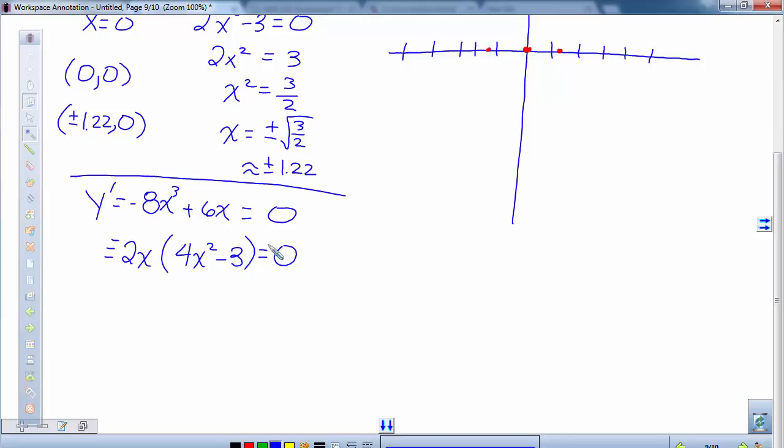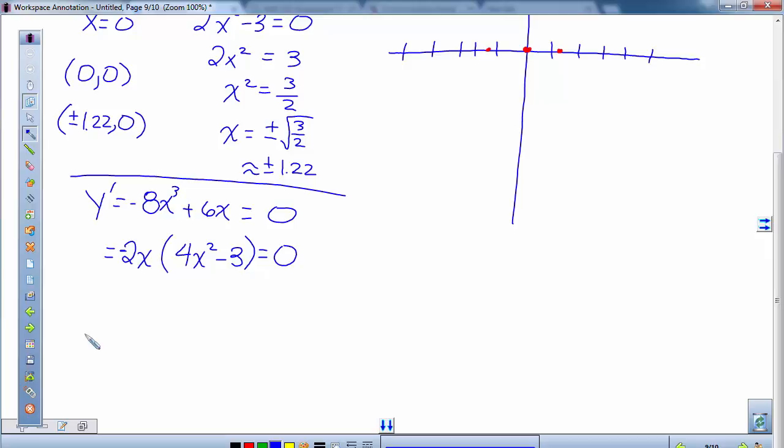And so again, I set these equal to 0. Well, I took out a negative 2x, so it depends on whether or not you take out the negative or leave it. Okay. All right.